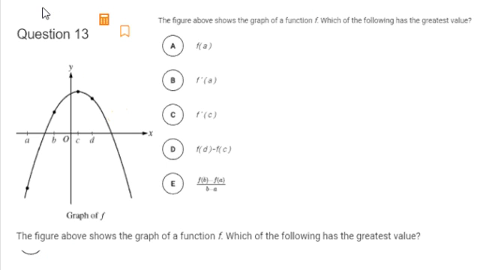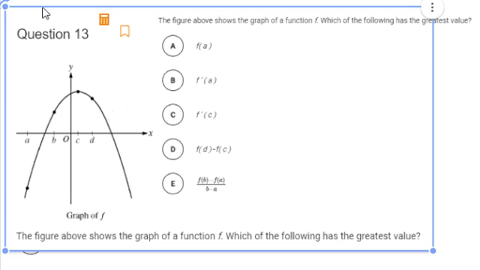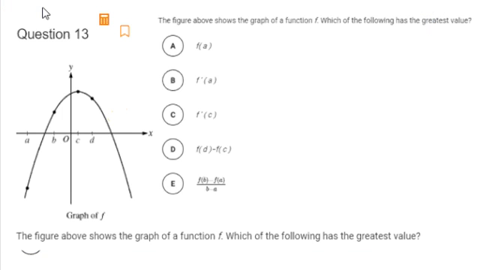All right, number 13. It says a calculator is allowed, but really, we don't need a calculator for this. And as we look at this, we see we're not given any numbers. And we want to know which of the following has the greatest value. So f of a, well, we don't know what f of a is, but we do know this is a negative number.